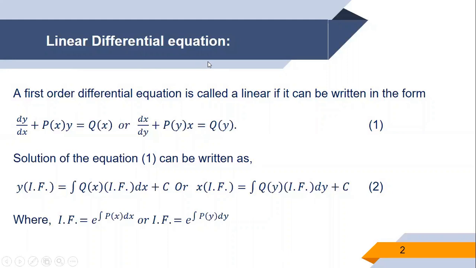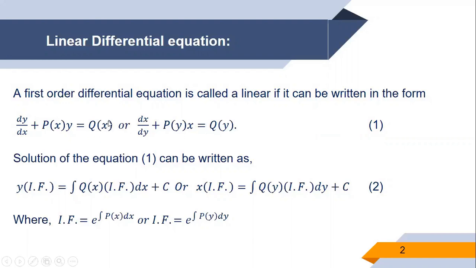So a first order linear differential equation has the form dy by dx plus p of x into y is equal to q of x, or dx by dy plus p of y into x is equal to q of y.